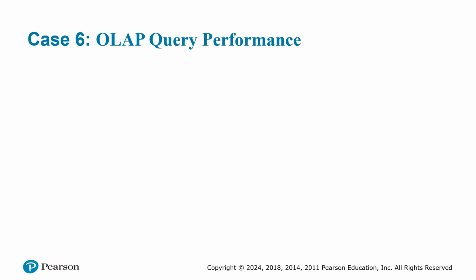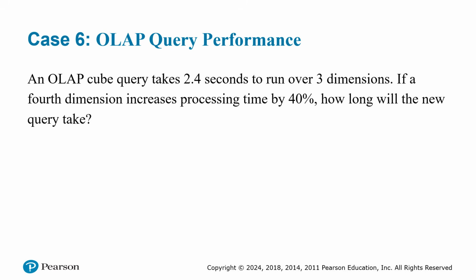Now we are looking at OLAP query performance. OLAP is the process to collect data from different sources. An OLAP cube query takes 2.4 seconds to run over three dimensions.